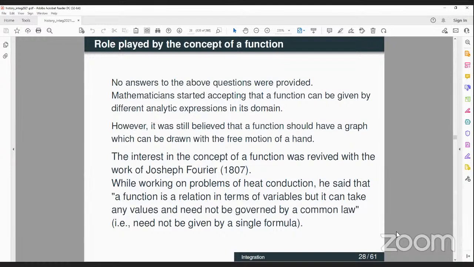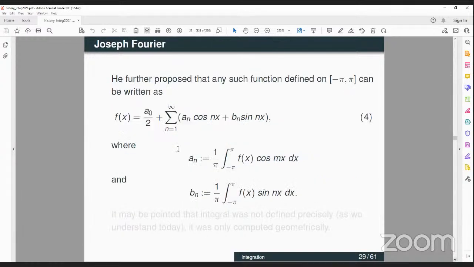And he said, fine, if I have a function between minus pi to pi, it should be representable as this. There is a lot of historical perspective, but eventually his claim, as a solution to the heat conduction problem, was that f(x) should be expressible as this.